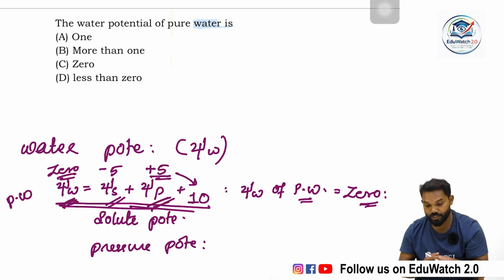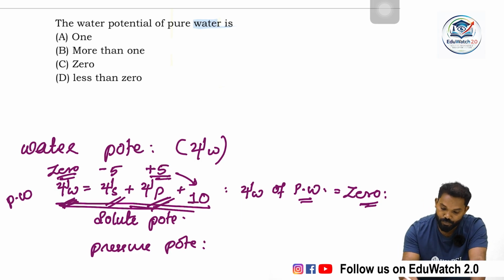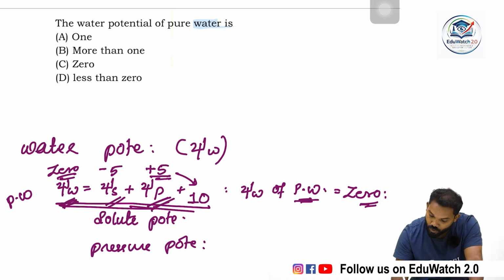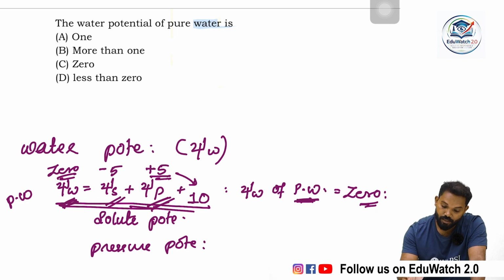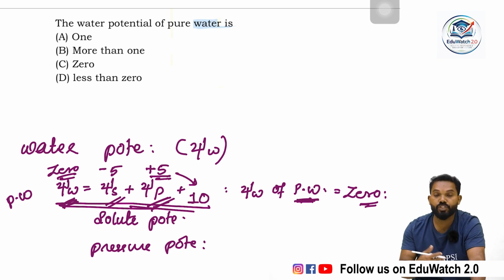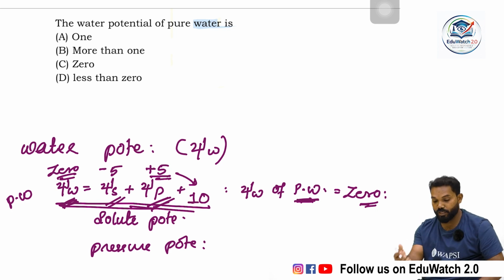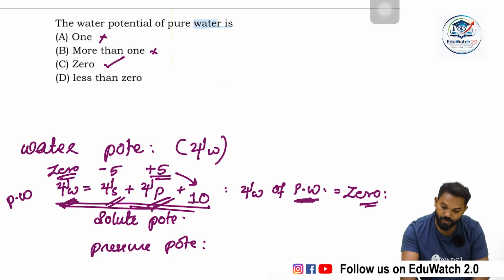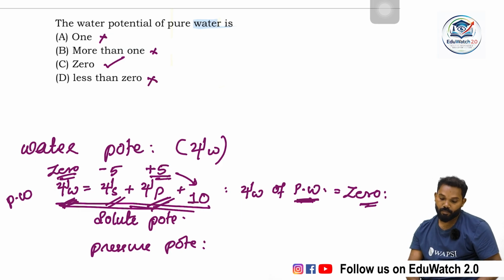So water potential of pure water is 0 under normal atmospheric pressure and temperature. It is not 1, it's not more than 1, it's 0, it's not less than 0.